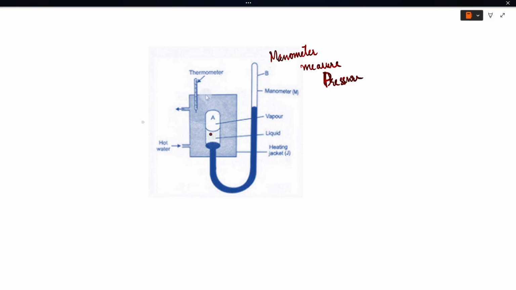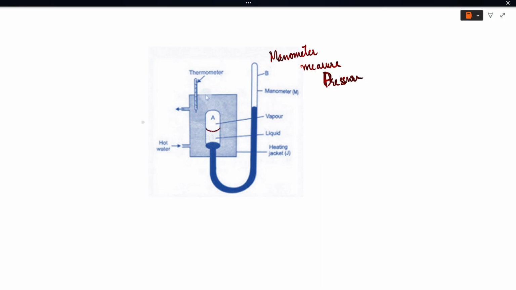Now, once the liquid which is sealed in this gas bulb attains an equilibrium, this liquid will automatically have a vapor above it. So, there will be vapor and this is the liquid part. You can clearly see the meniscus. This is the meniscus.